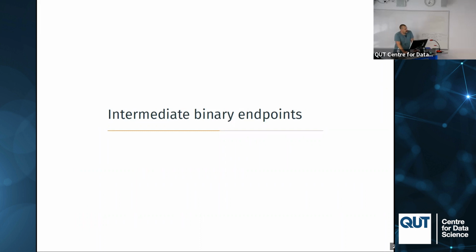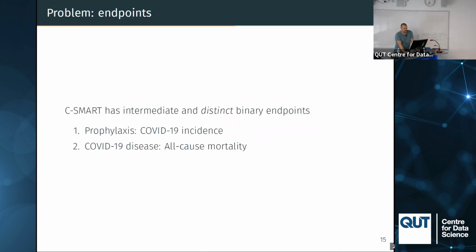So there's a problem. I've been talking about expectations and continuous outcomes here, but in our C-SMART study, we're actually interested in binary endpoints. We had a binary endpoint of mortality in the second stage, and an endpoint of COVID infection in the first prophylaxis stage.